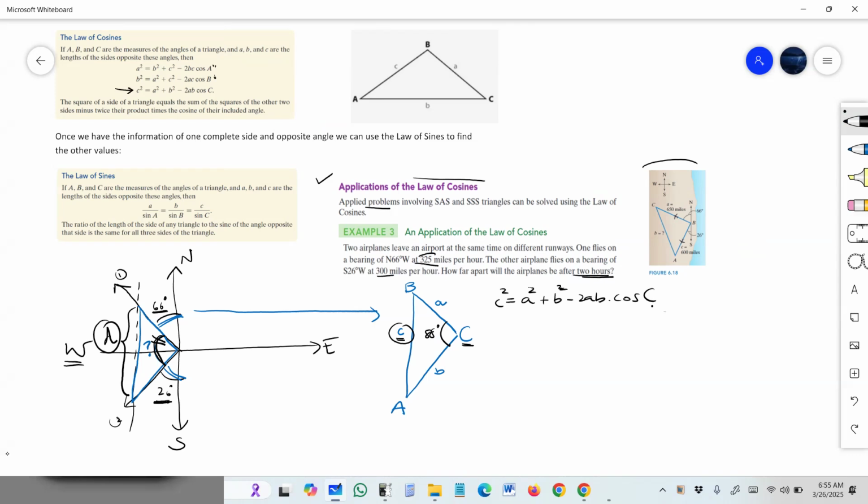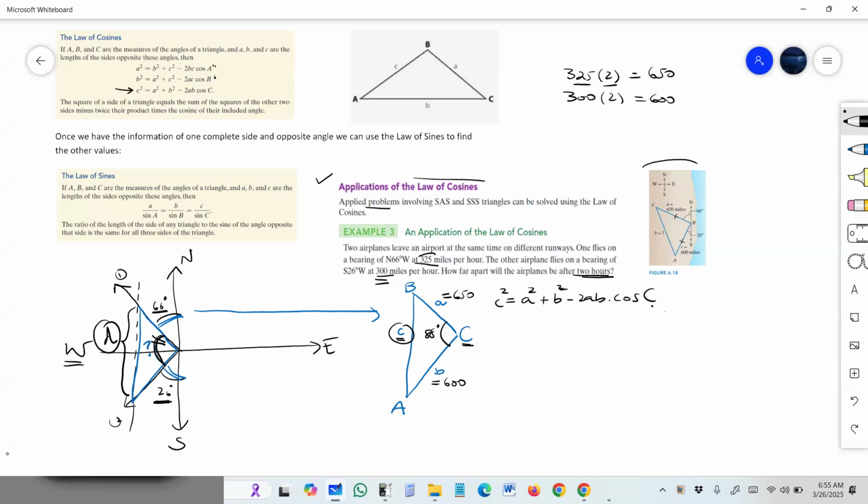If the first plane is going 325 miles an hour for 2 hours, we just multiply the two: 650 miles is A. The other one is going 300 miles per hour for 2 hours, obviously 600 miles. So B is 600 miles.